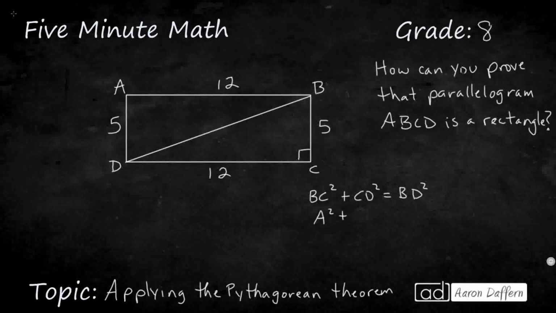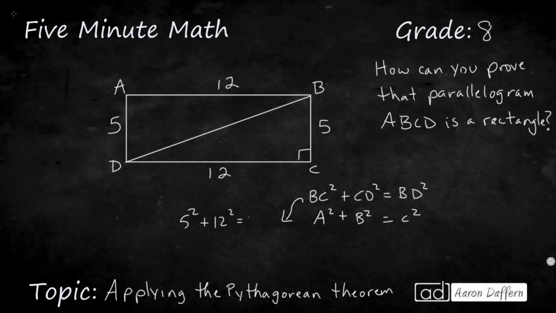A squared plus B squared equals C squared. Now, if we were to write this, instead of saying the BC and the CD, we would probably replace that with the values. So we would say 5 squared plus CD is 12 squared, and that would equal BD squared.